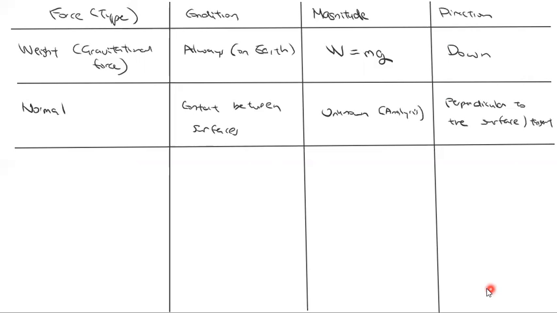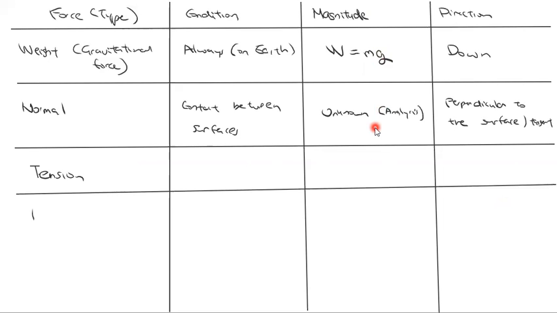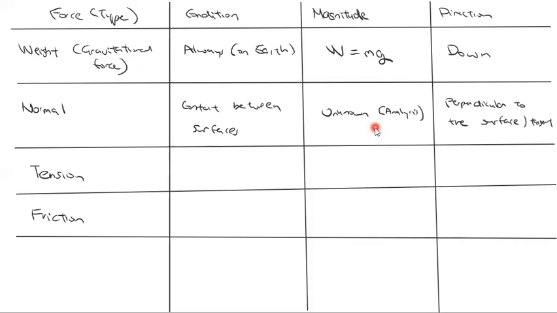Now, there are a few other forces that we will fill in here, okay? We'll leave it at those two for the moment. As we mentioned before, there are other forces like tension that we'll need to talk about. There's going to be friction, and other things like air resistance and so on.